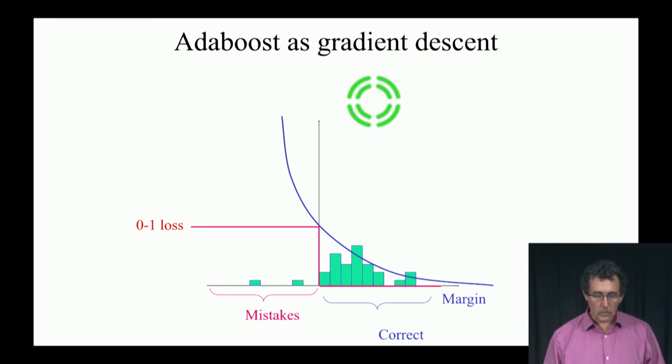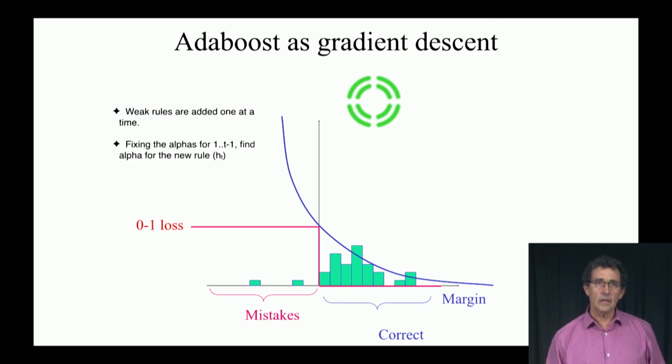So we want to see now how this potential or loss function that we defined, the exponential loss, gives us a gradient descent algorithm. So the basic idea is that we're adding the rules one at a time. So each rule is basically a gradient step. And we're fixing the rules before.